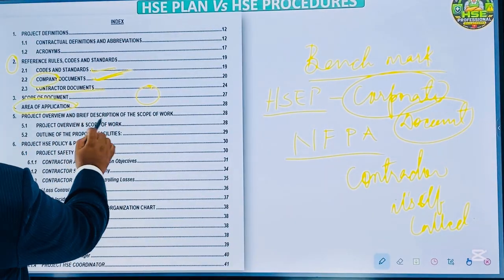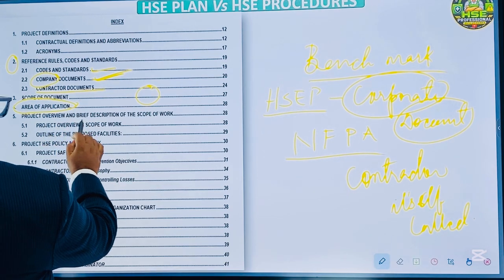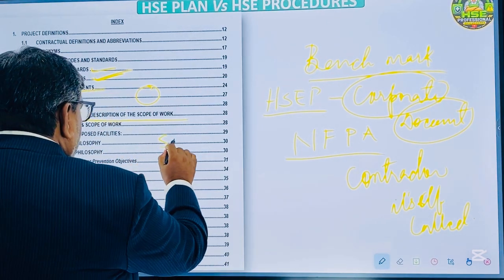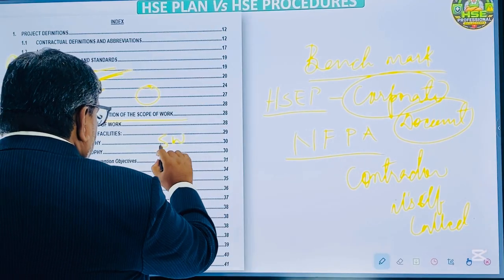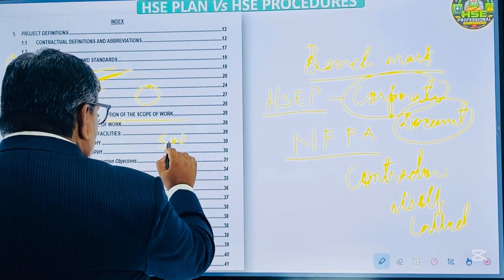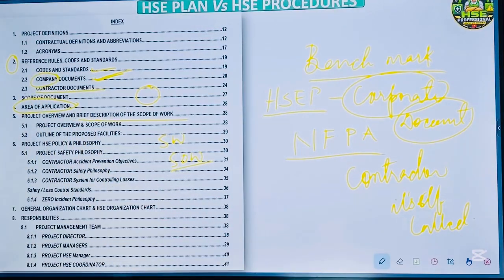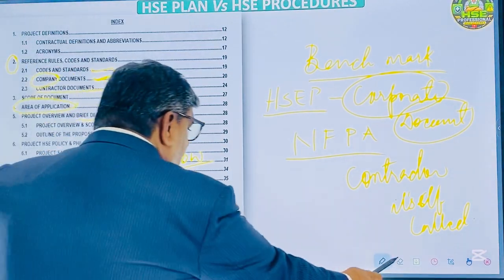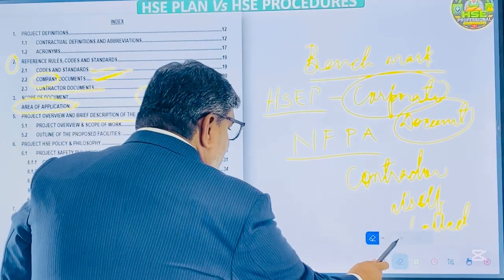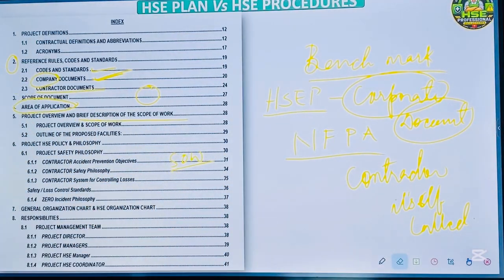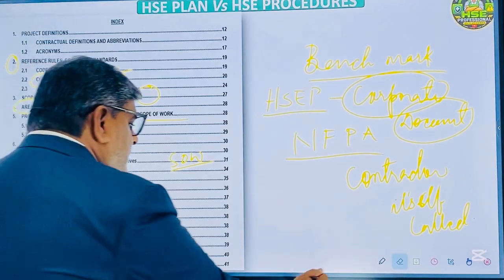Okay. Project overview and brief descriptions, this is called SOW, a scope of work. Gentlemen, it is very important for all persons to know the scope of work.